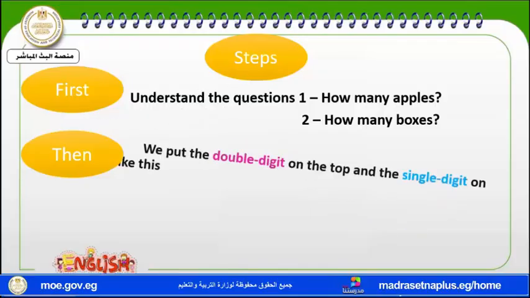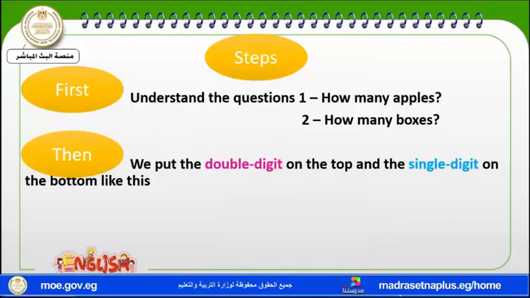Then we are going to put the double digit on the top and the single digit on the bottom like this. So what is the double digit and what is the single digit? These are the double digit, the tens and the ones.